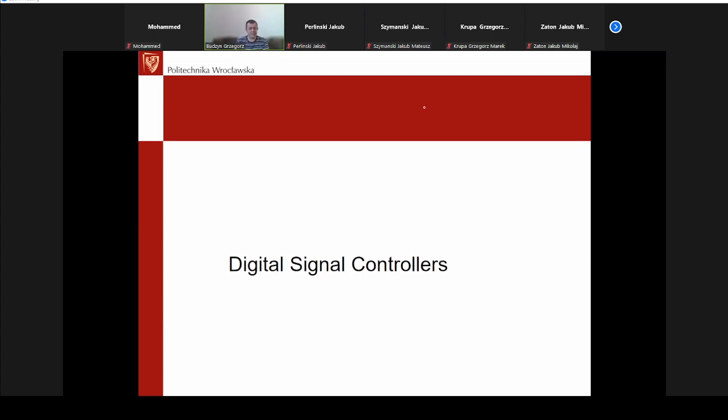Yet they are not the only examples of this path, of microcontrollers being transferred towards the digital signal controller domain. Two other families, interesting ones, we'll talk about during the next hour. So let's have a 15 minute break, and after the break, we'll get back to this subject.